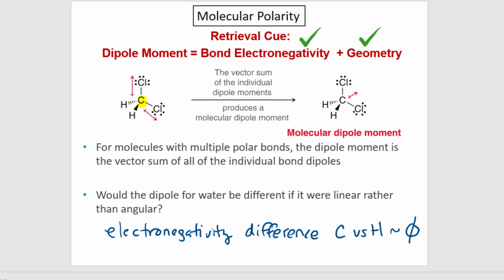When I consider the shape, they're getting pulled equally in those 2 directions, but they're not 180 degrees from each other. They're 109 degrees from each other because of the tetrahedral shape. Therefore, the overall pull, when you add them, is an overall pull between them in the direction shown to the right. So that's your molecular dipole moment.